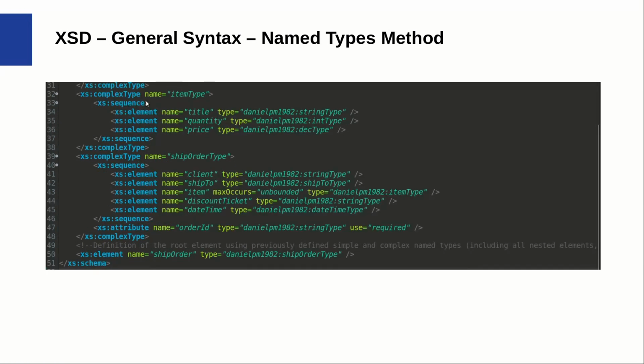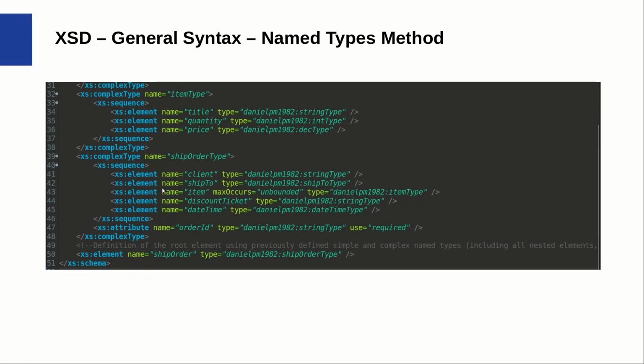We declare all the complex types with the elements using the types already defined and reusing these types without having to redeclare all these types again and again. And here is the type that we'll set at the future root element, named as shape order type.